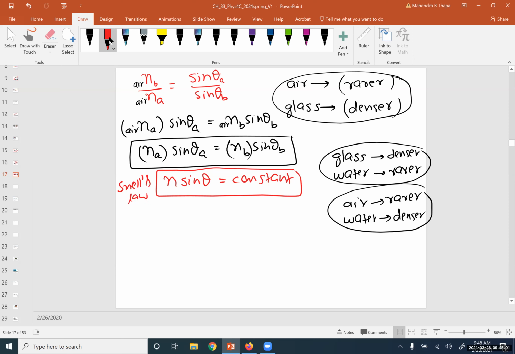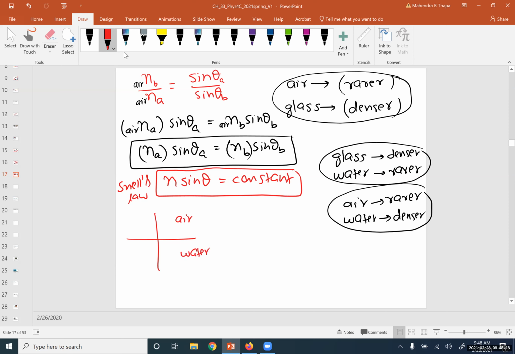For example, say we have two media, this is air and this is water.